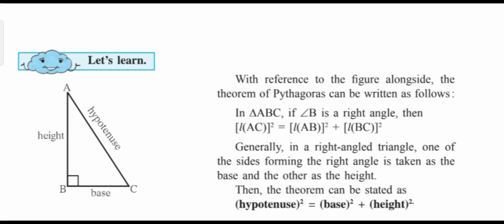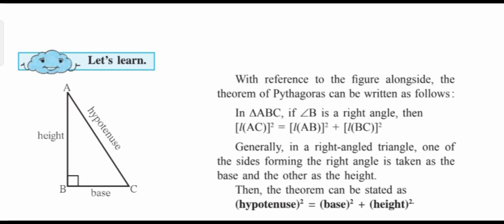Generally in a right angle triangle, one of the sides forming the right angle is taken as the base and the other as the height. They have told what is the height and what is the base. Then the theorem can be stated as hypotenuse square is equal to base square plus height square. If the answer of base square plus height square and the answer of hypotenuse square are the same, then it is proved as Pythagoras theorem.